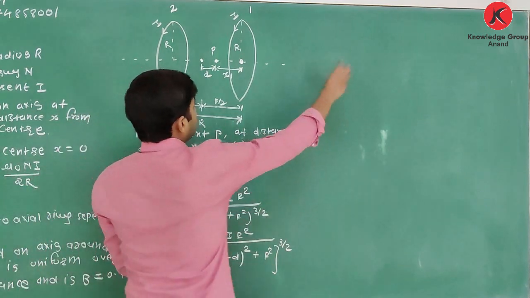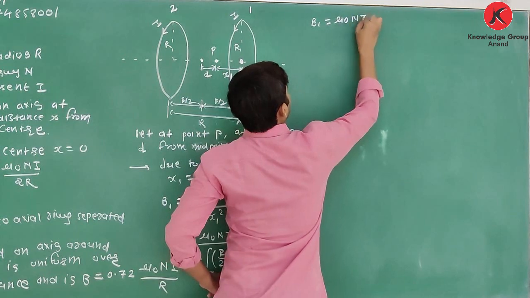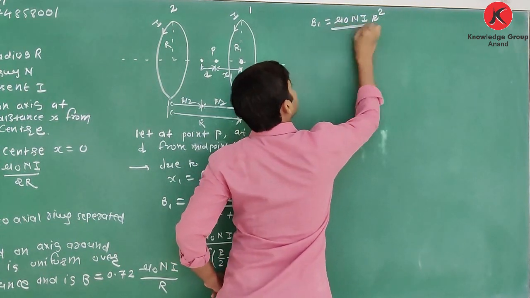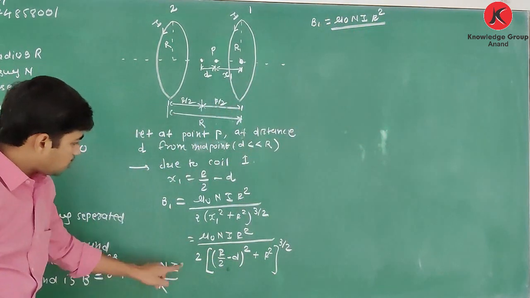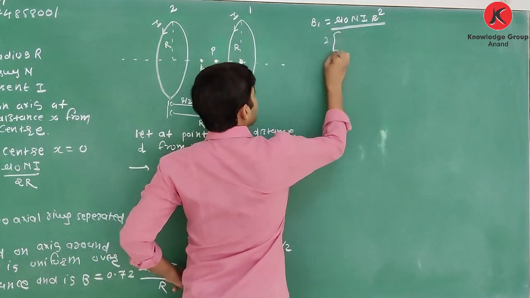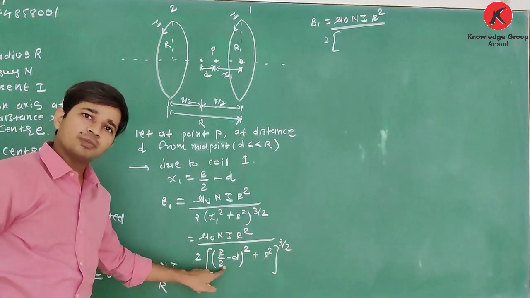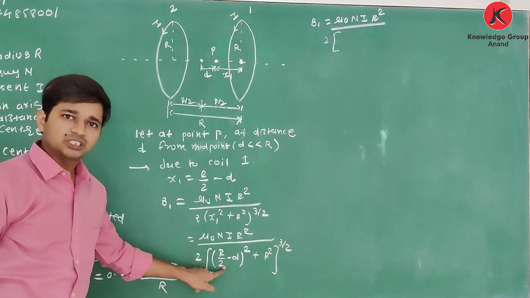See how to simplify. B1 = μ0 N I r², this term as it is. Now how to simplify this term? See, 2 outside the bracket. In the bracket, you have to simplify (a − b)², which means a² + b² − 2ab.